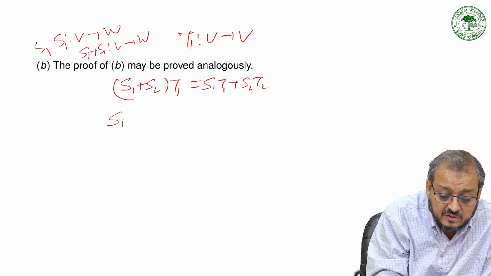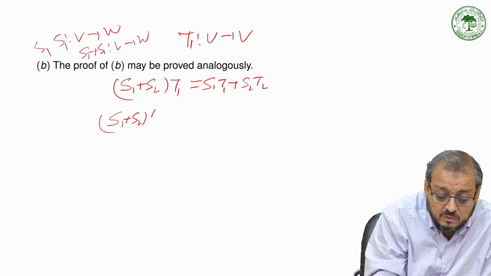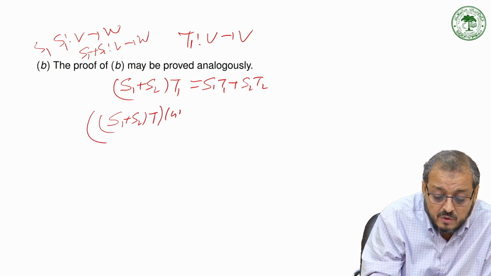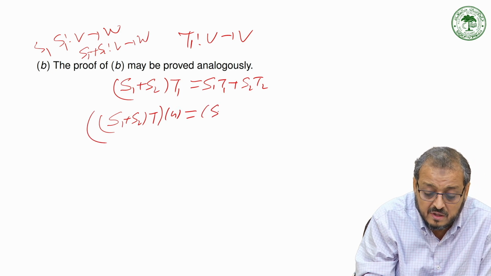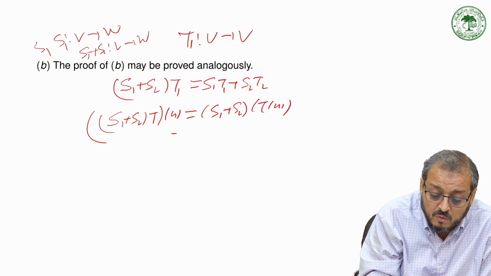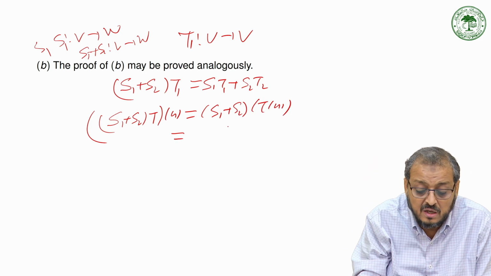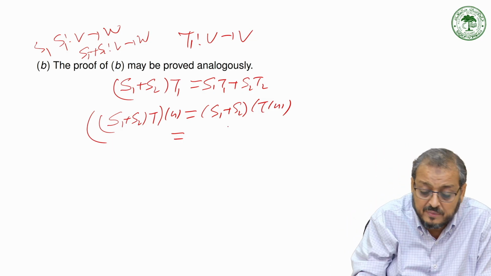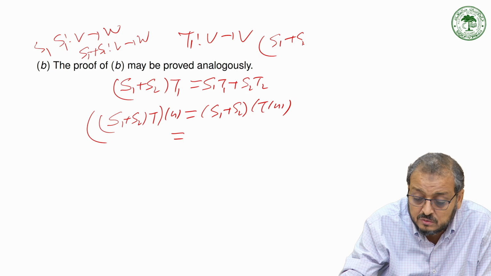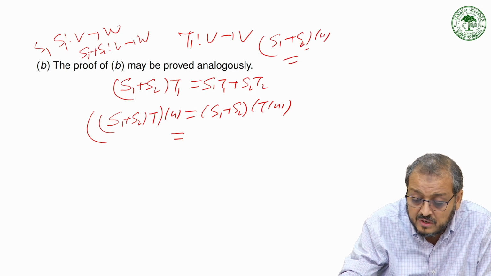So we can say that (S1 + S2)T, evaluated at an element u of U, can be written as ((S1 + S2)T)(u). And now by using the definition of the sum of linear maps, (S1 + S2)(u) can be written as S1(u) + S2(u).